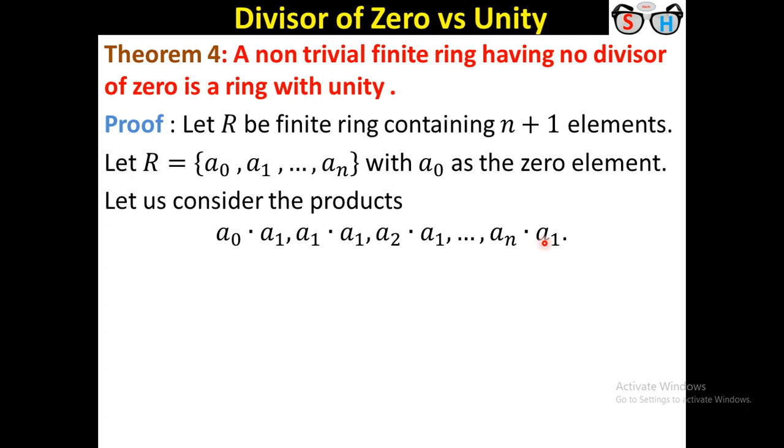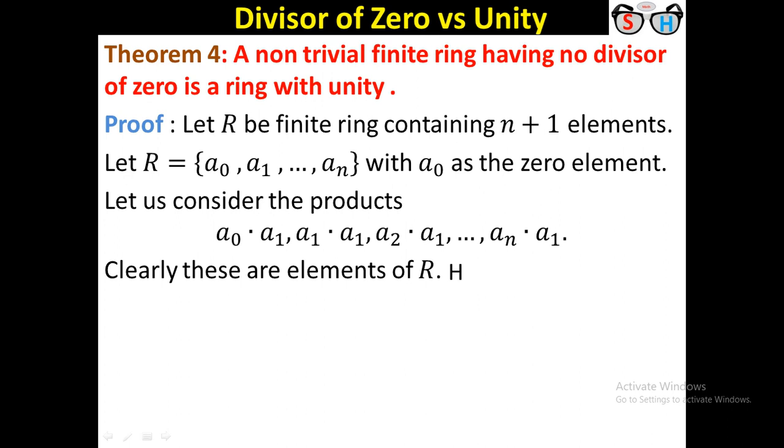So a1 is the post multiplication of every element. We consider those products. All of these are elements in the ring R, because we know that the set R is closed with respect to multiplication.